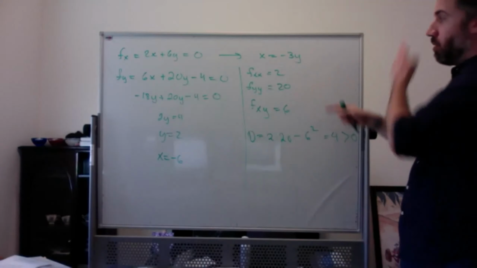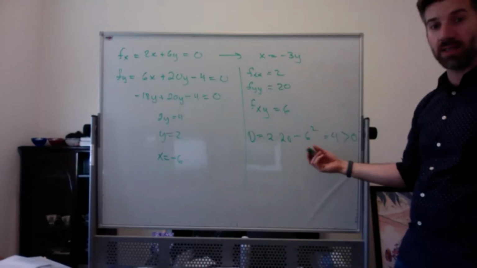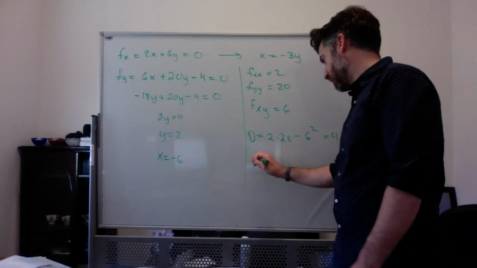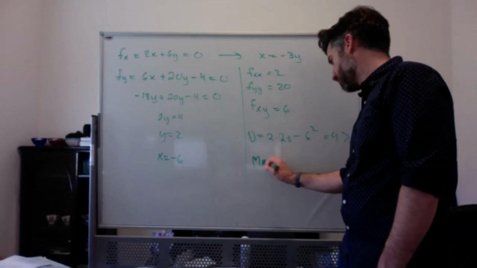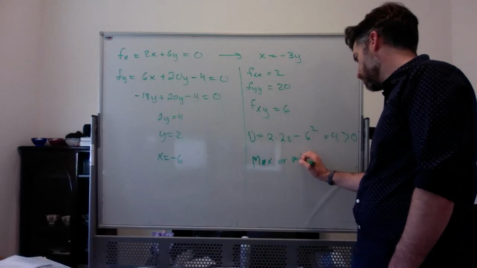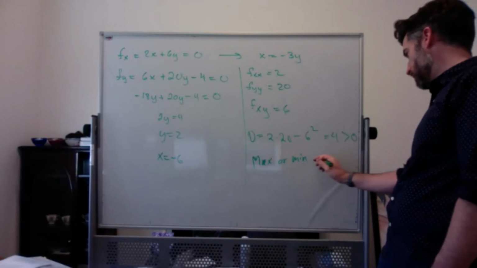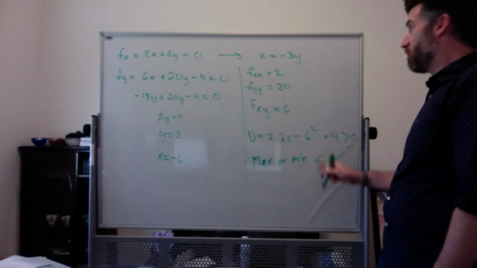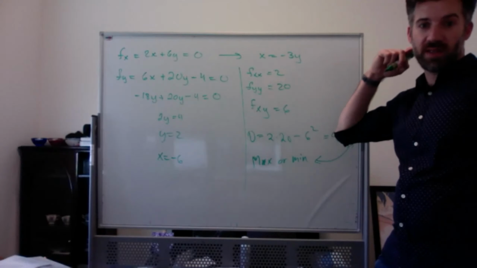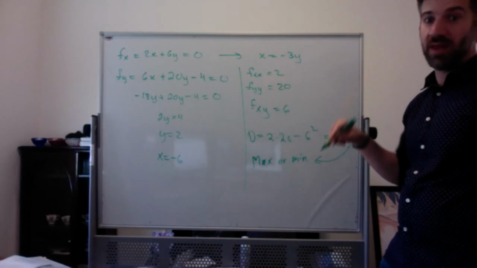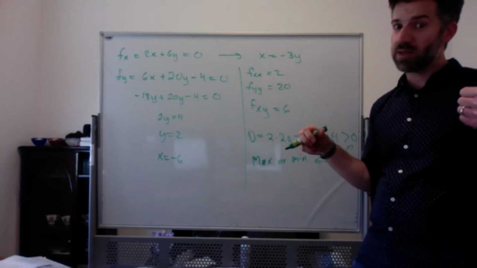So we notice that both fxx and fyy are positive. So I should say, we have a max or a min because of this being positive. But since the second derivative with respect to x or with respect to y is also positive, that means we have what? Do we have a max or do we have a min?